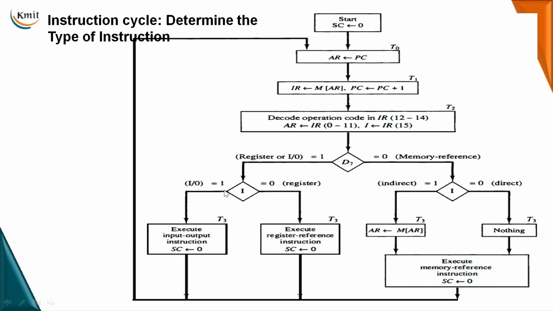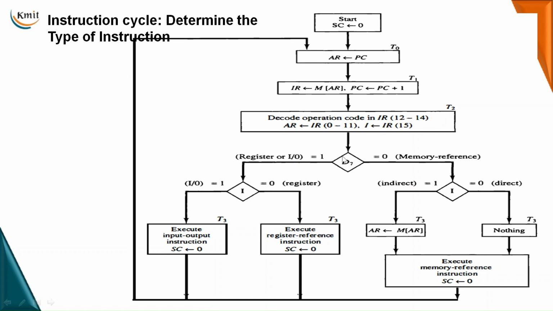If the I bit is 0, then it is a register reference instruction, so it executes the register reference instruction. After the execution of the instruction is completed, it makes the sequence counter back to 0 so that it goes for fetching the next instruction according to the program order.